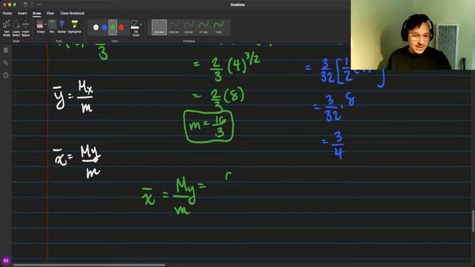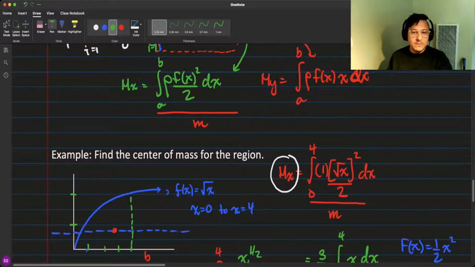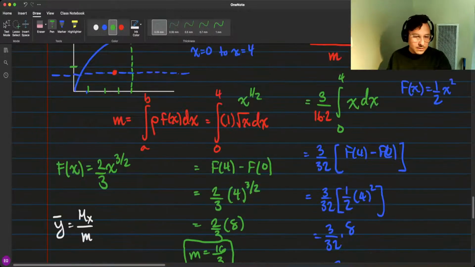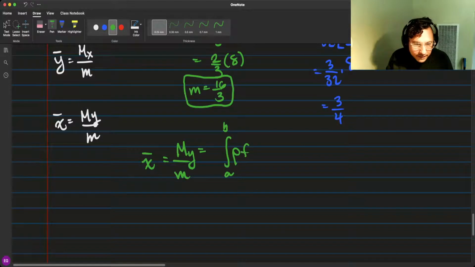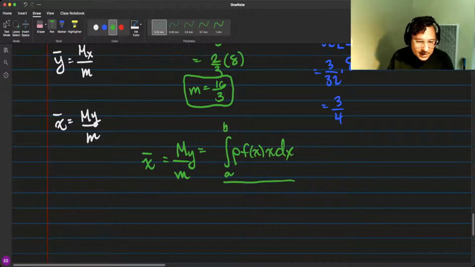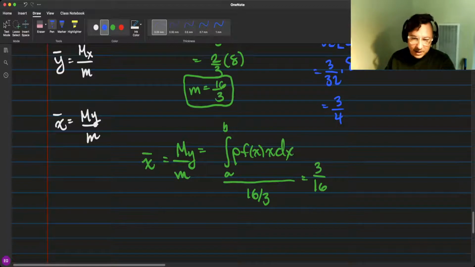The y moment is the integral from a to b of rho f of x dx. This is going to be divided by 16/3. Like I said last time, dividing by 16/3 is the same thing as multiplying by 3/16.